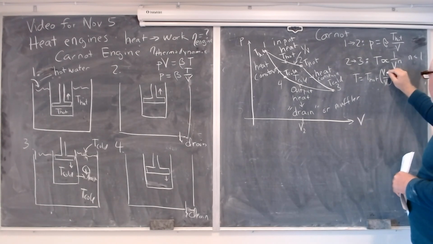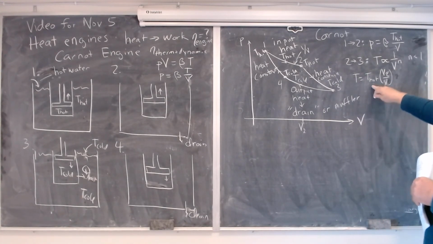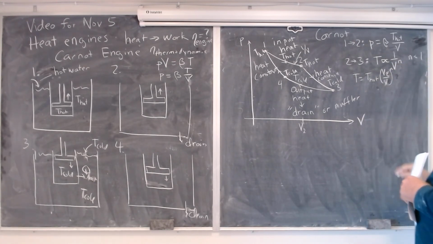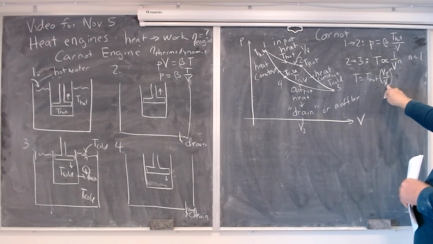Now, this is very important, this next thing I'm going to write down. I worked out my proportionality constant. I'm sorry, there's an n there. It's T hot V2 to the n, because at V2 it's equal to T hot.